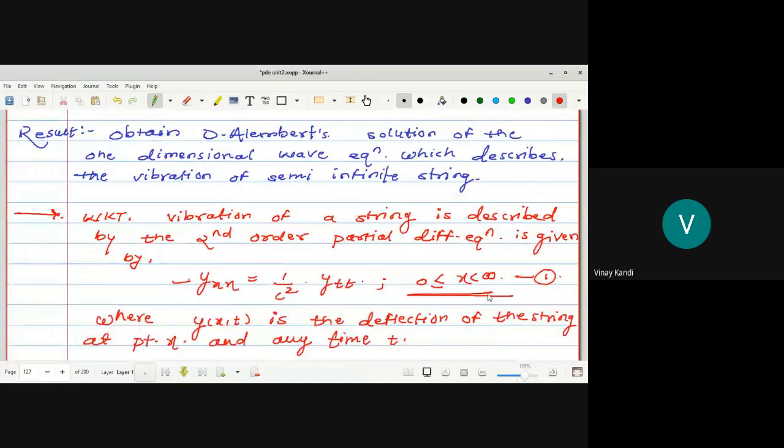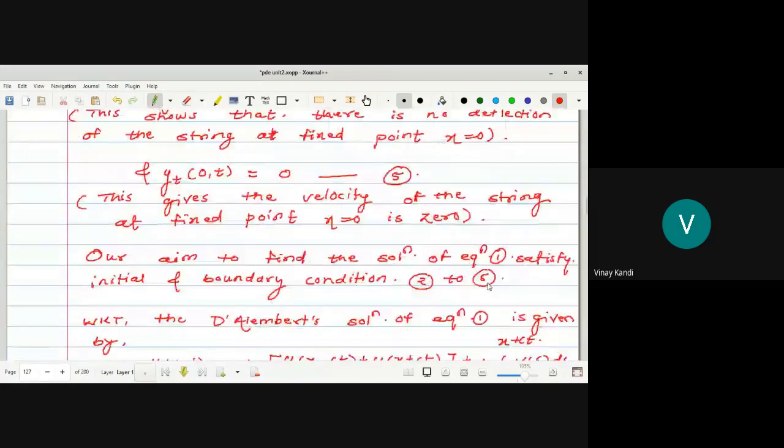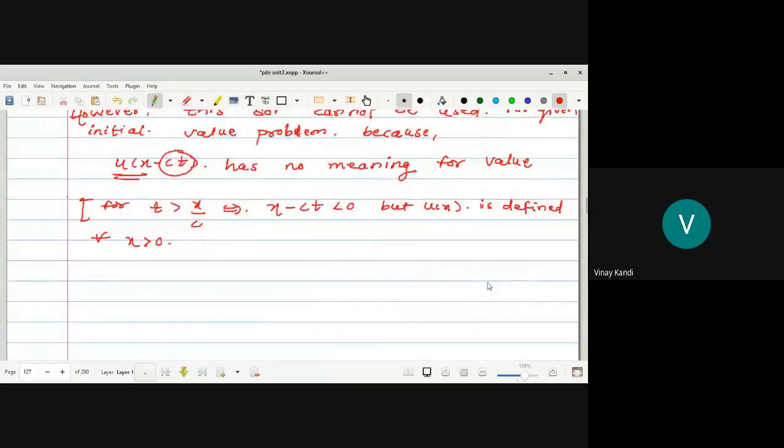Hence, u of x minus ct is not defined at that point. At which point? When t is greater than x by c.